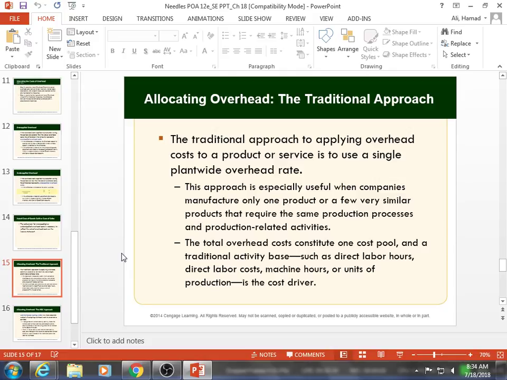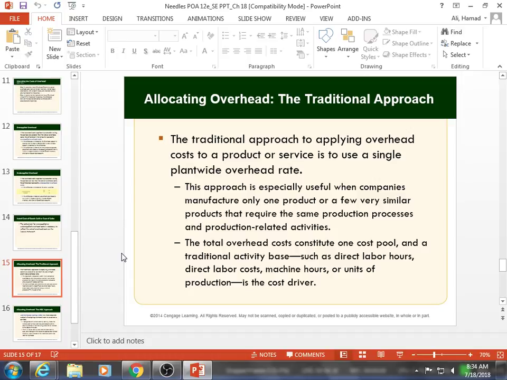Now, the traditional approach to applying overhead cost to a product or service is to use a single plant-wide overhead rate. That means it's not labor, it's not material, it is not a specific department that you have an overhead rate for. You will have an overhead rate for the whole place, one rate. That's the traditional approach. But if you want to be more accurate, then you divide your work into different departments.